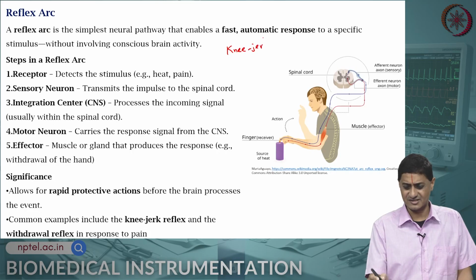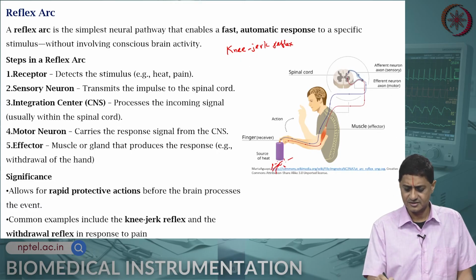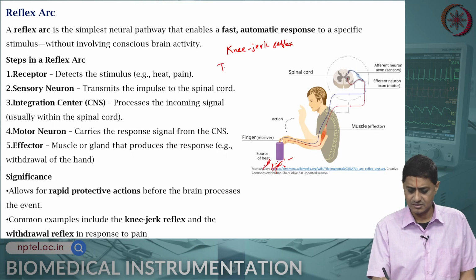Commonly called the knee jerk reflex, or the tendon tap reflex.